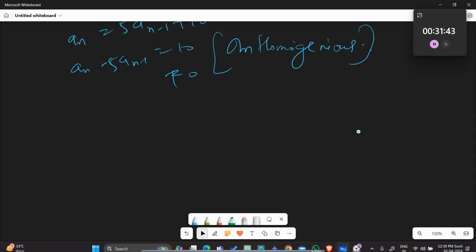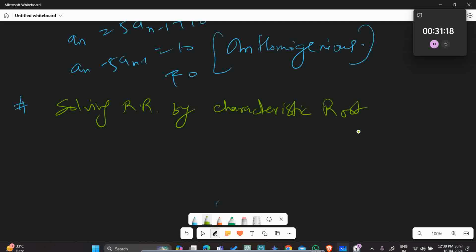So let's say solving a recurrence relation by the characteristic root method. How can we solve them? Solving a recurrence relation by the characteristic root method.